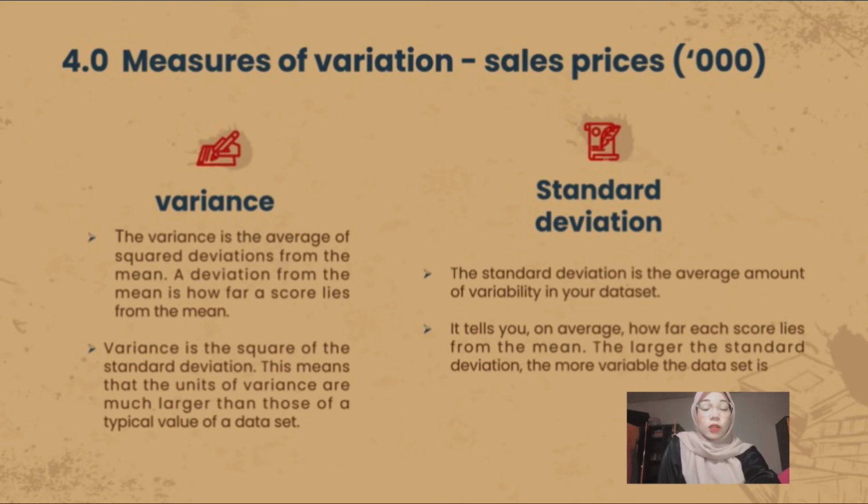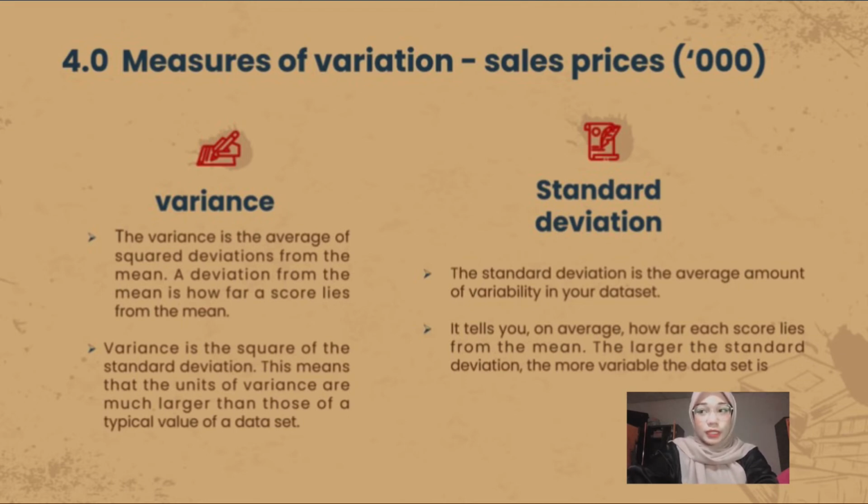Next, we will talk about measure of variation. First of all, variance. The variance is the average of squared deviations from the mean.